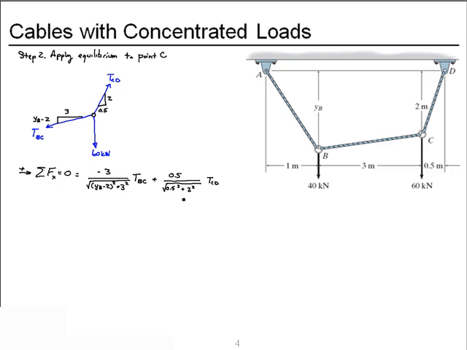And if we shuffle terms to get just the tension in CD over its hypotenuse, we get the following. The 0.5 goes in the denominator, which means we get 6 in the numerator.